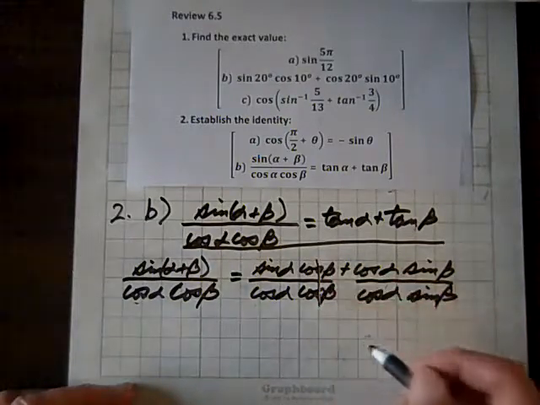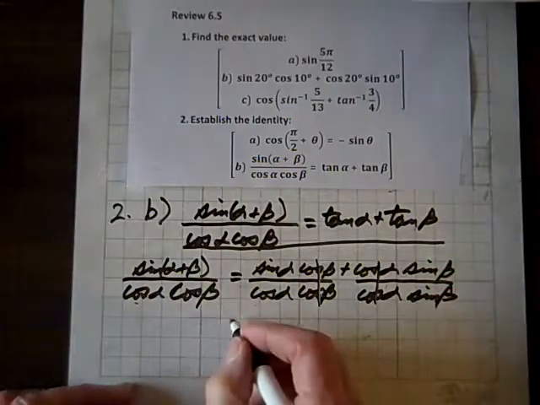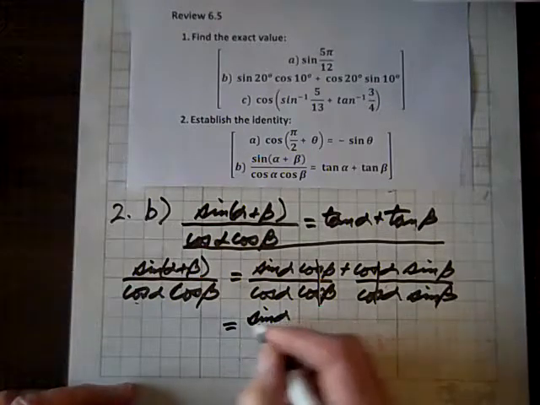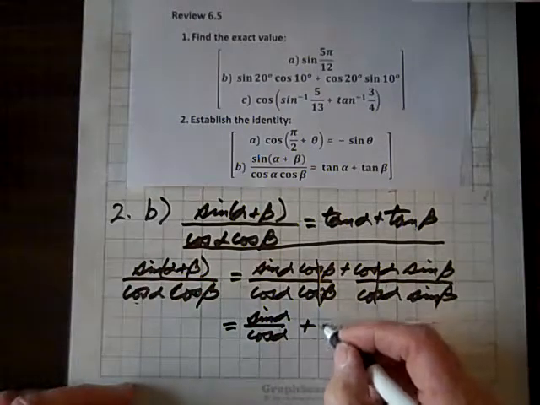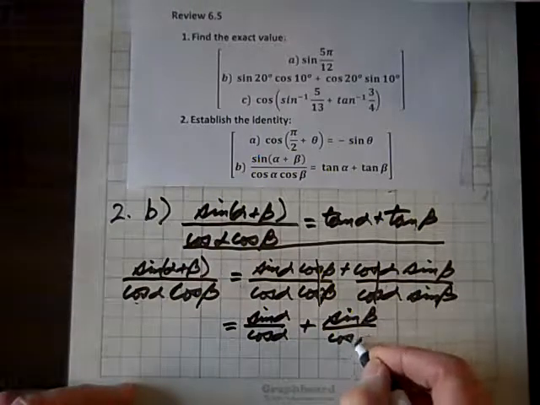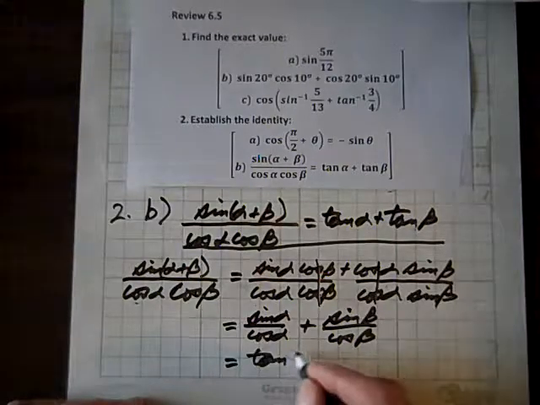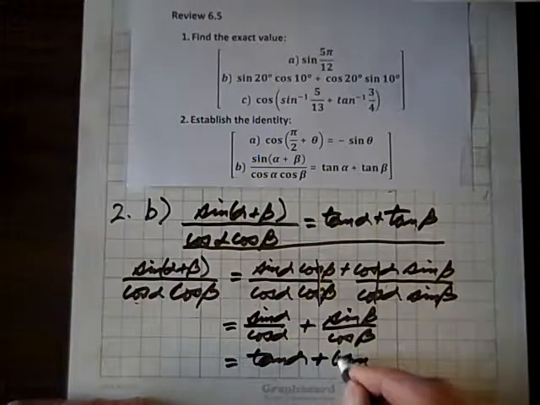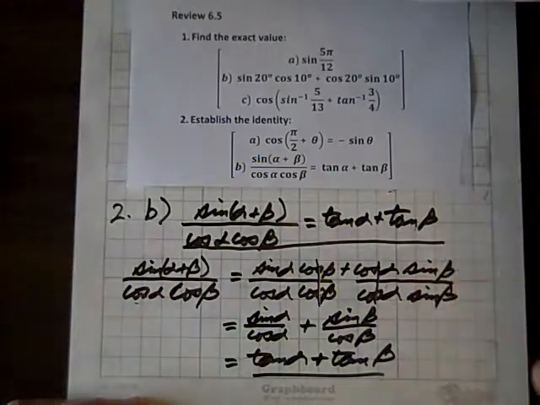And here the cosine of betas divide out, and here the cosines of alpha divide out, and we have sine of alpha over cosine of alpha plus sine of beta over cosine of beta, and that equals tangent of alpha plus tangent of beta, which is just what we had to establish, and we're done.